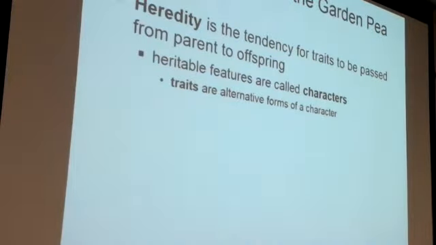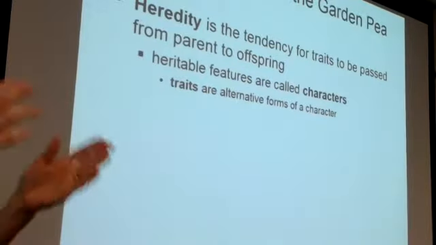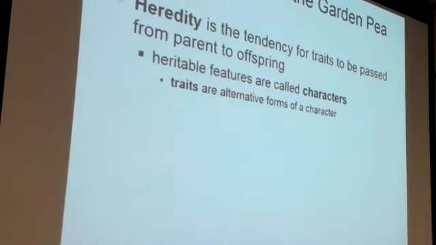I don't tend to differentiate a lot between characters and traits. Your book does, where they're saying your hair color is the character, and the trait you have is what color it is, so blonde or brown or red. For the pea plants, flower color is one character, but having either white or purple flowers, that's their trait. Whatever.